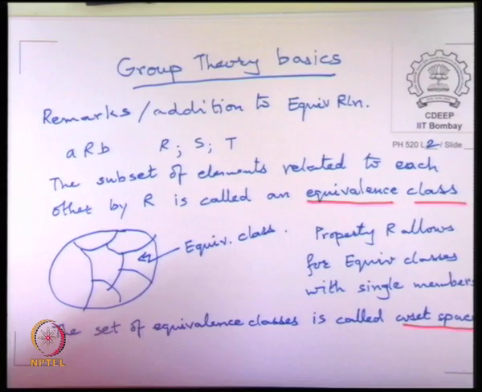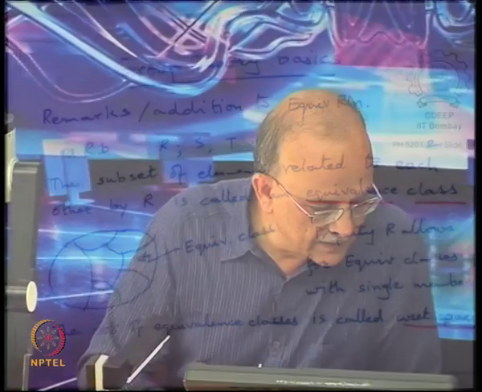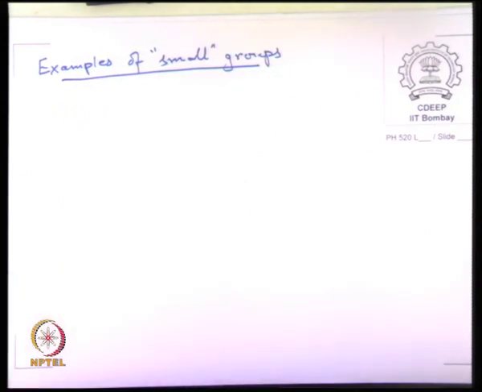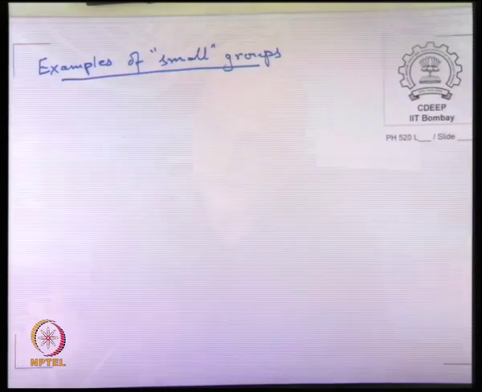Now we begin with the so called group theory basics, and what we will do is start thinking of some specific examples. Examples of small groups. To quantify what is meant by small group, we give a definition of the order of a group. The number of elements in a group is called the order of the group.